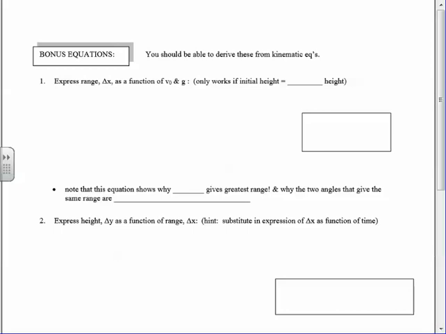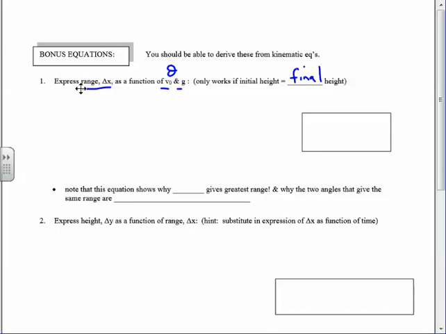Alright, so our goal in this first problem is express range delta x as a function of our initial speed, that's a given, g, which we know, and let's add to that theta, the angle which we launch it. Okay, so we're not going to do it as a function of time. We want to get rid of that. And this only works if our initial height is equal to our final height. So that's an important stipulation. Okay, so where do we start?